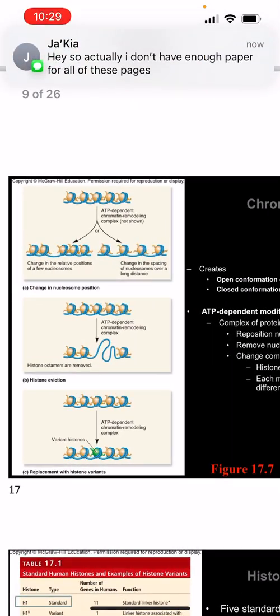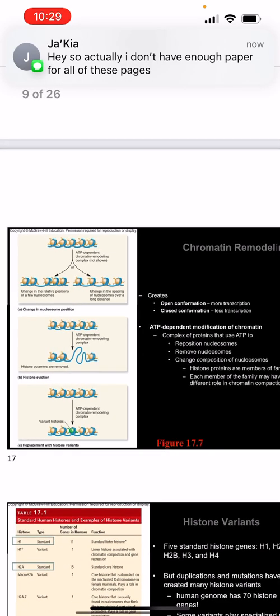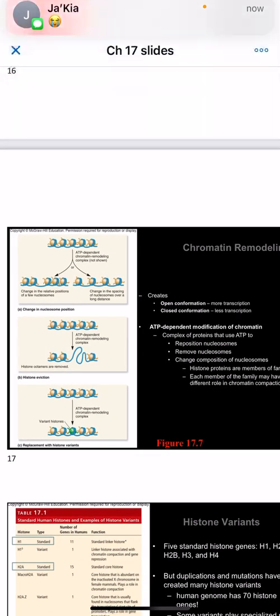Histone proteins are actually members of protein families. Each member of the family has a different role in chromatin compaction. So you've got standard histones in these nucleosomes. A chromatin remodeling complex can come in and replace a nucleosome with a histone variant nucleosome. And that's going to affect how tight this DNA is packaged, which we'll talk about in just a second.